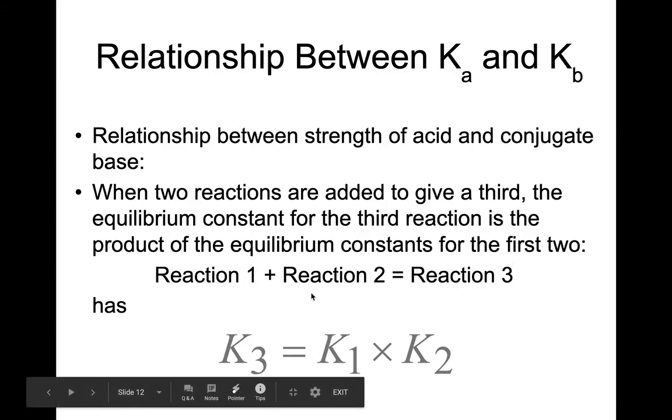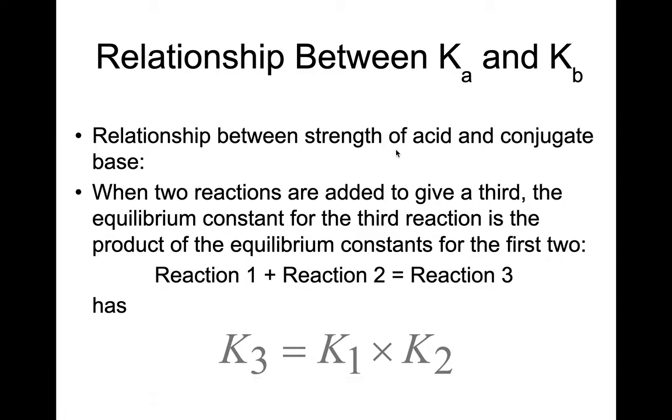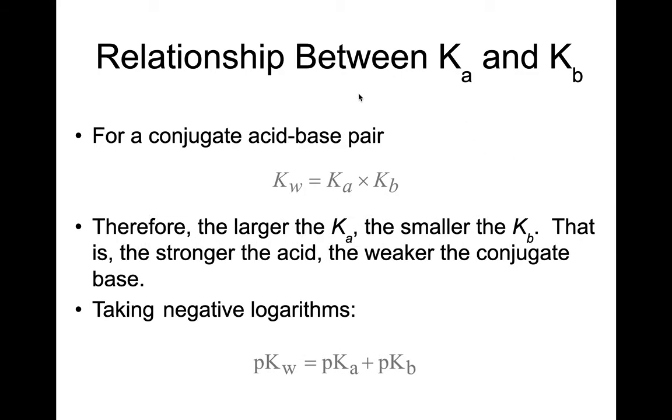So that's old news. The new thing to think about is what happens when these reactions 1 and 2 are a conjugate acid-base pair. Well, in that case, if we've got our acid reaction and the conjugate base reaction added together, the equilibrium or dissociation constants are going to equal our constant for water.